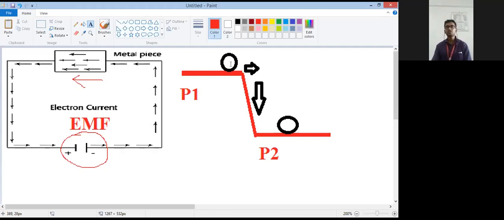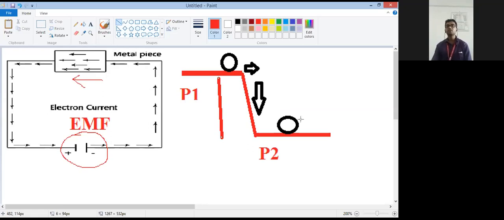This potential difference between P1 and P2, this potential energy, is converted into kinetic energy, and because of that the roller rolls from higher potential to lower potential and reaches here.